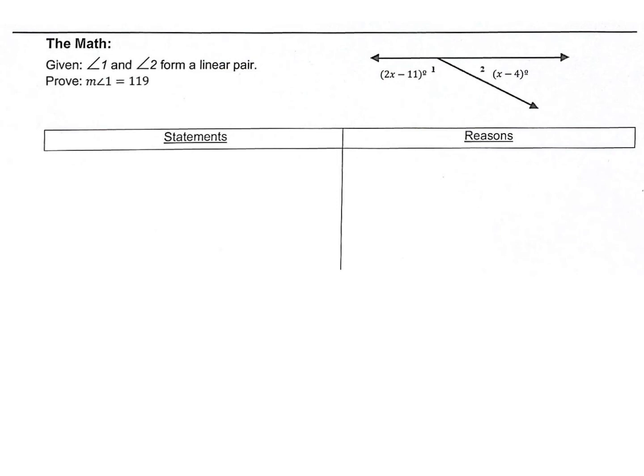So we're going to go through this again. We're going to do a little pre-proof practice here. If I'm given that angle 1 and 2 form a linear pair, which you see right here, you should be thinking, what do you know about a linear pair? So look at your reasons for proofs reference sheet, and your conclusion from this is that the measure of angle 1 plus the measure of angle 2 should add up to 180 degrees.